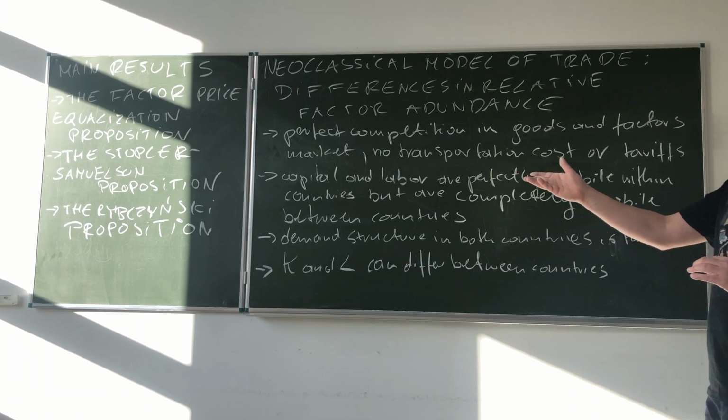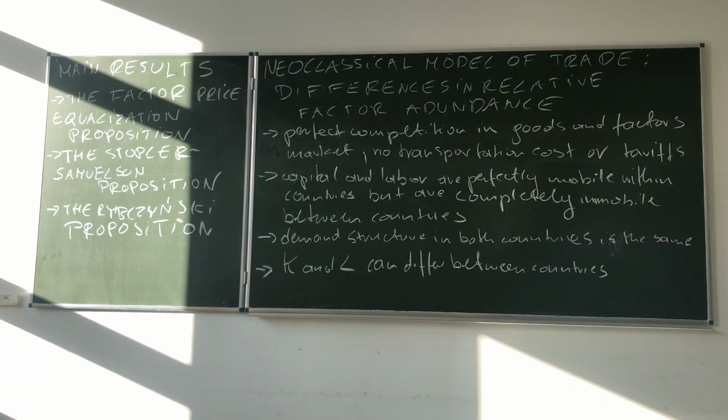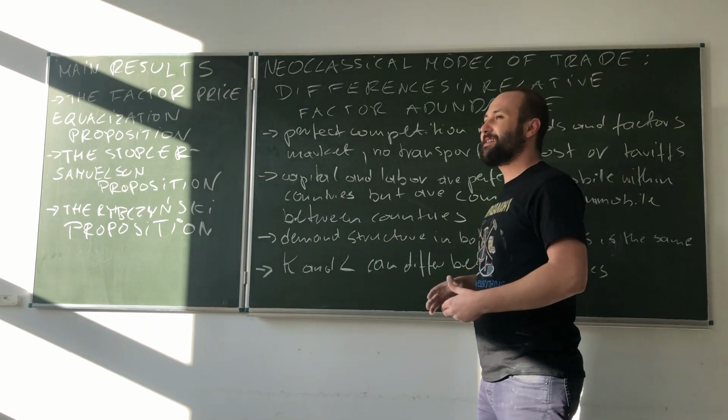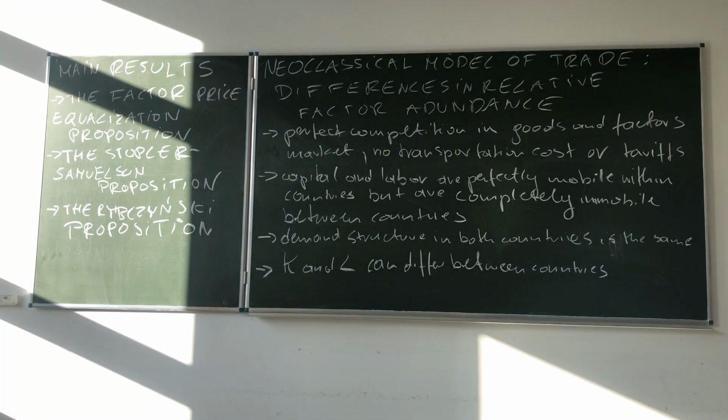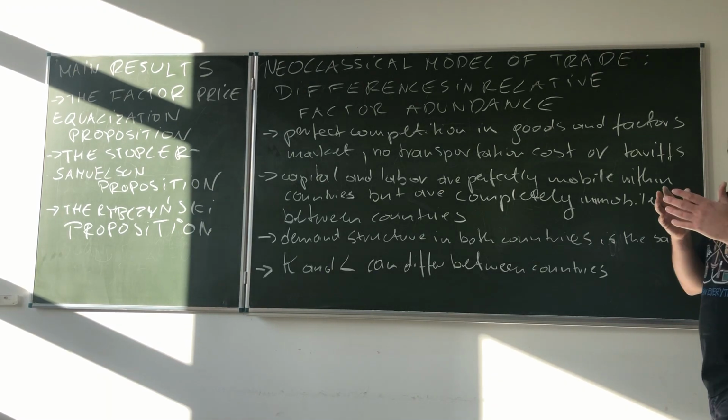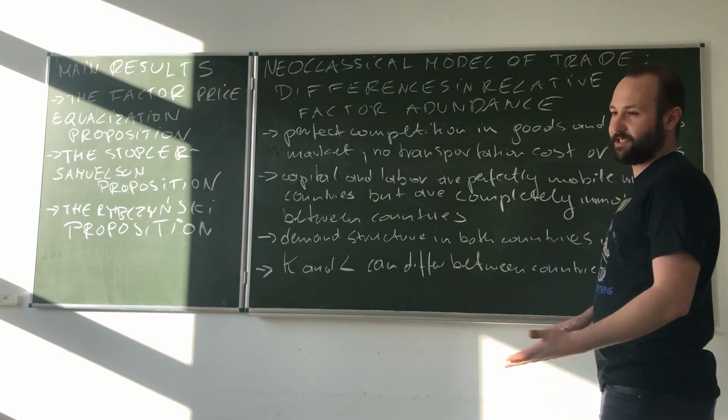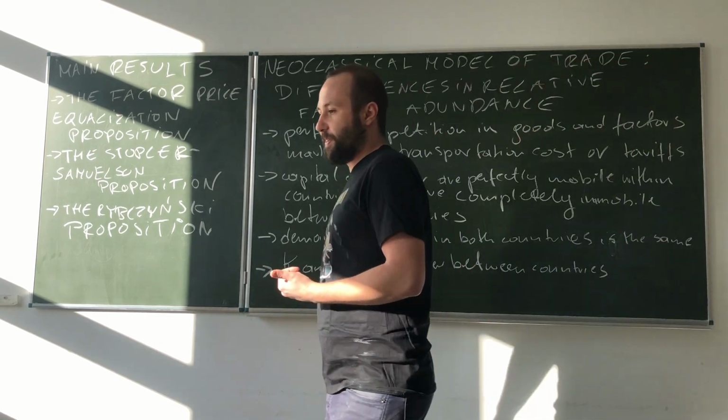Okay, so actually you see the proposition basically states that we have more of one factor of production, but it does not lead to an increase in the production of both goods. It leads to a higher level of production of the good that uses this factor intensively.